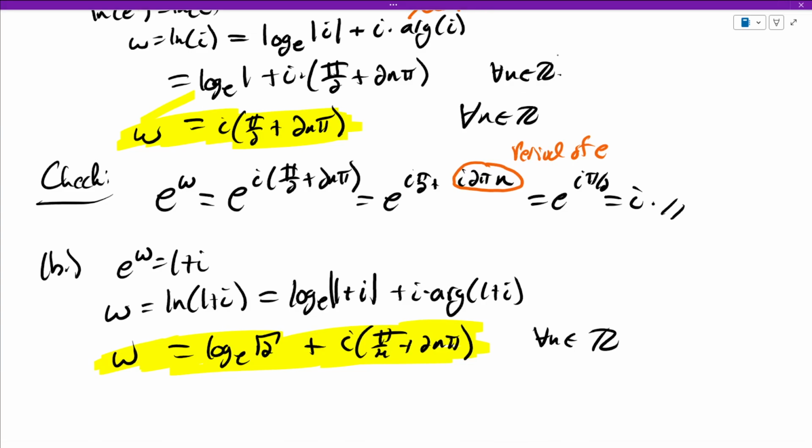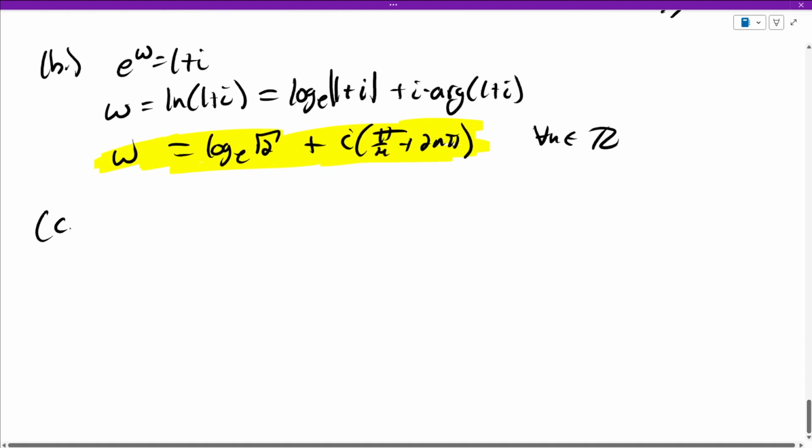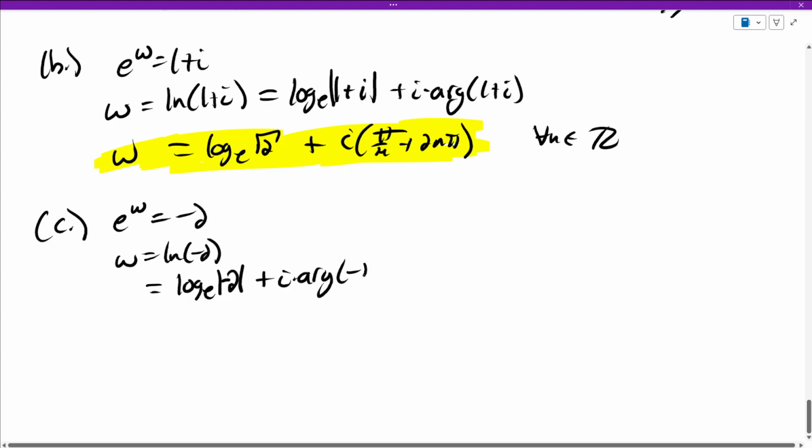Let's do the last part here. So e to the omega is minus 2, so that means omega is log of minus 2, and log of minus 2 is log base e of the modulus of negative 2, plus i times the argument of negative 2.